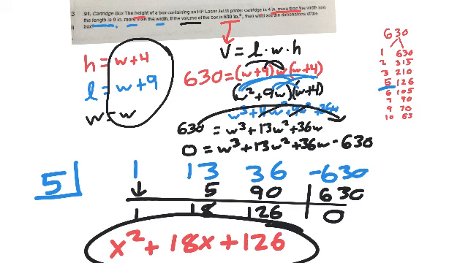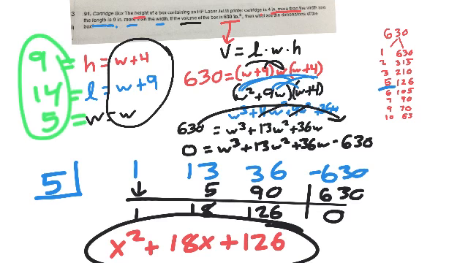Okay, so since 5 worked, then when we have to give the dimensions, because that's what the answer is asking us for, that would be a height of 9, a length of 14, and a width of 5 would be the answer they're looking for there.